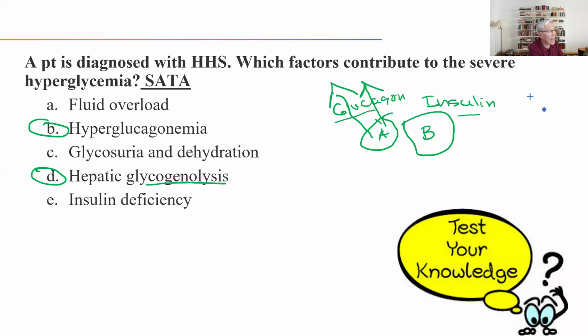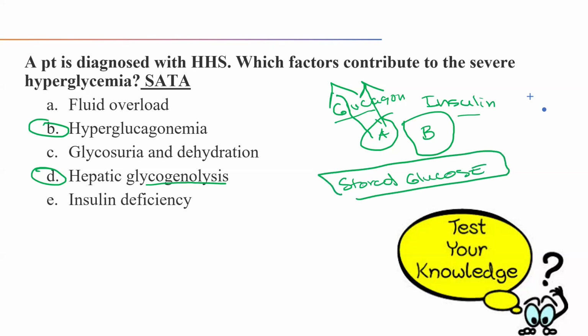You remember hepatic glycogenolysis? When there's not enough glucose going into the cells because there's no insulin, the body now looks for other sources of energy. And the stored glucose, where is the stored glucose found mostly? The liver. And the other ones will be in your muscles, right?